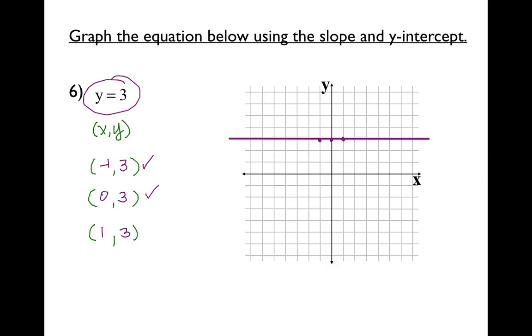I'm going to give you another example. What if you were also asked to do x equals -1? What does this mean? Again, you're going to follow the form x comma y. And how many ordered pairs do you need? You need 3. So I'm going to put 1, 2, 3.